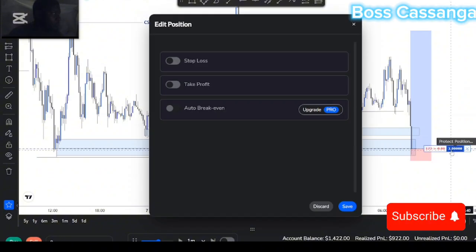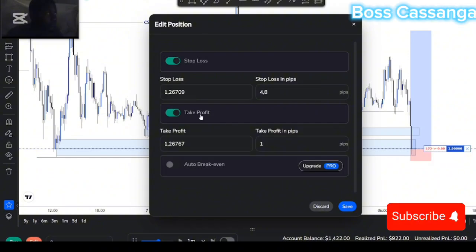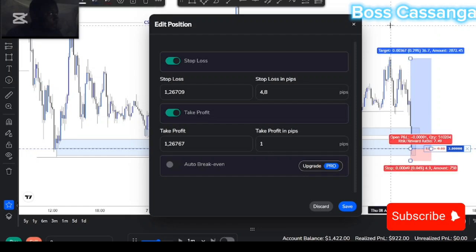Stop loss is 26.7009, and my take profit, I want at least to come right here. Take profit will be 1.27125.